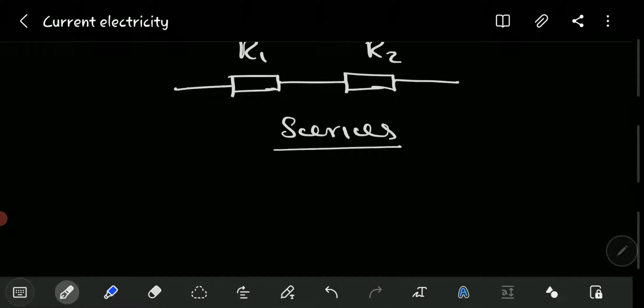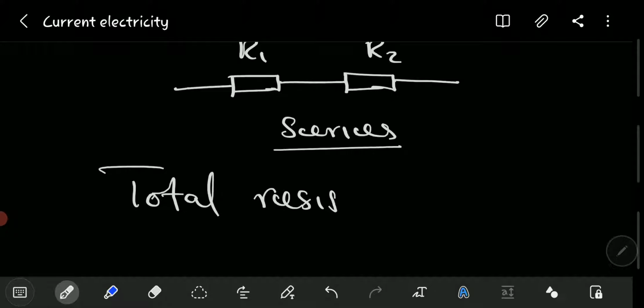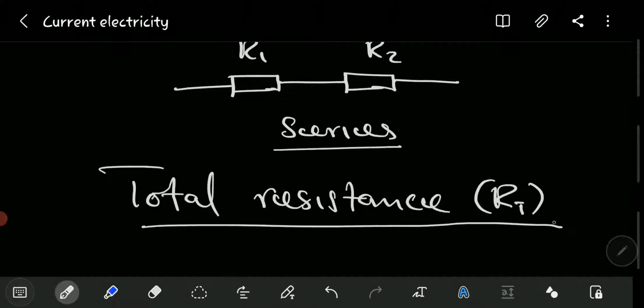So total resistance. I like to denote my total resistance with, yes, I know resistance is R, but I like to put a subscript T to show that this is the total resistance. So total resistance RT, which is R total.